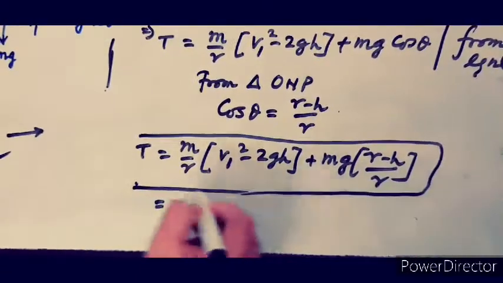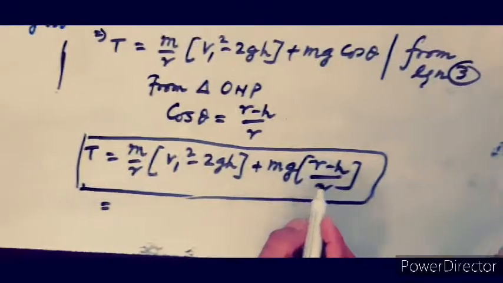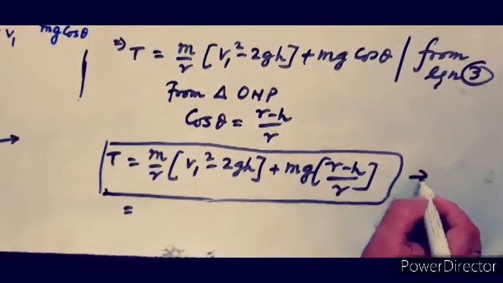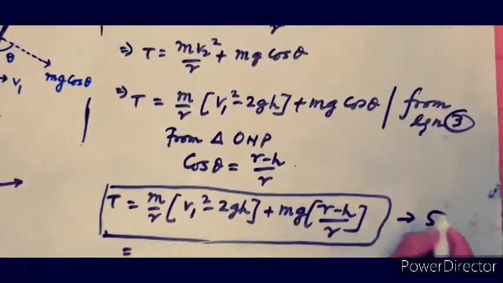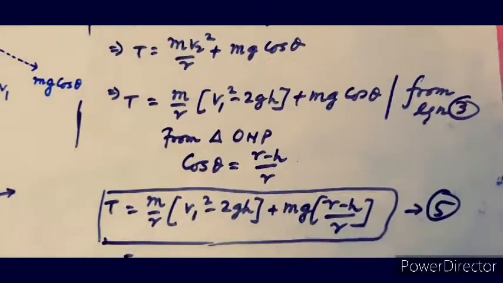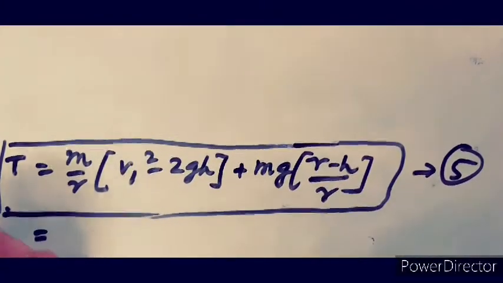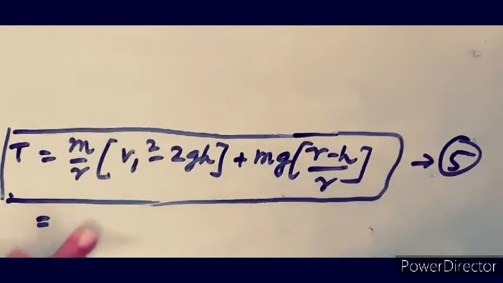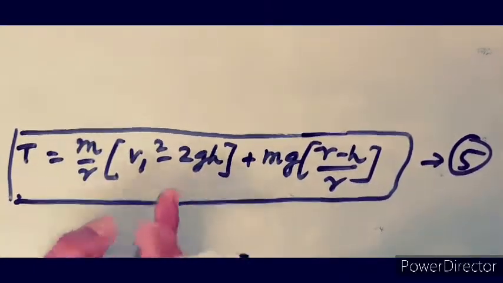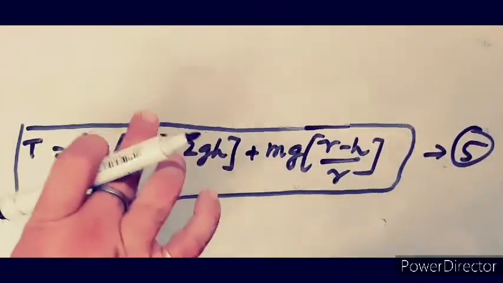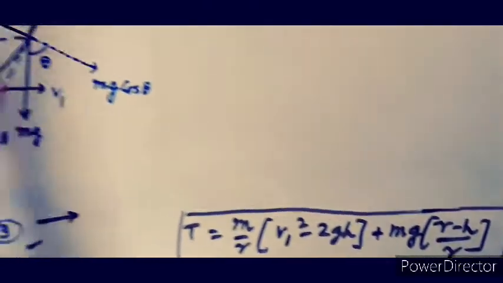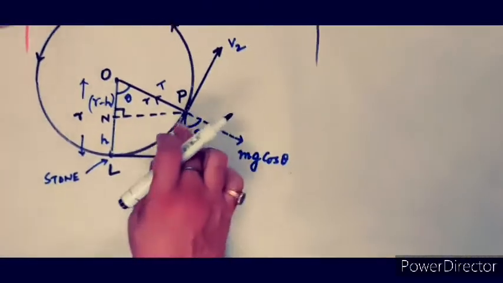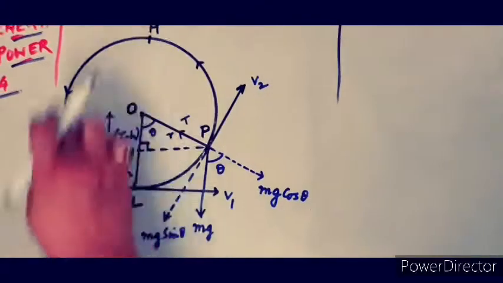That's better, so give it equation number 5. Here it is 5. Right. So T is equal to this much. Now this is the expression of tension in the string or the rope.